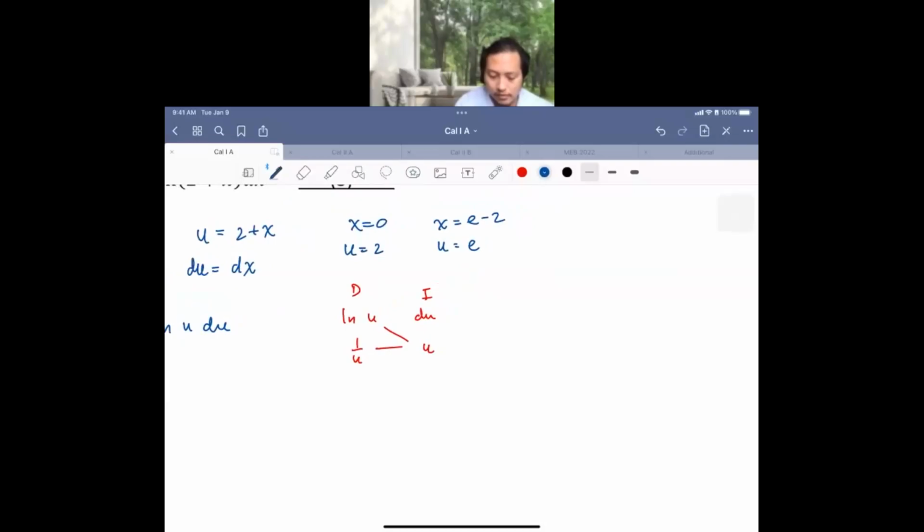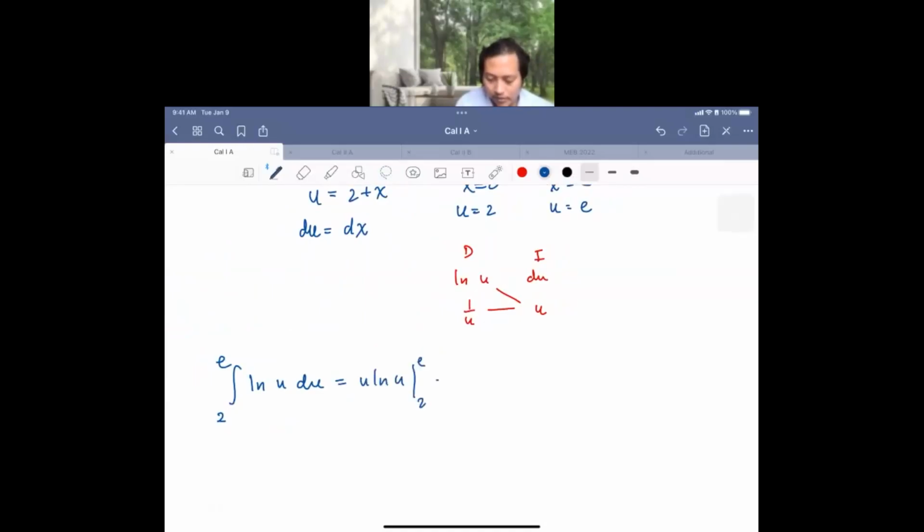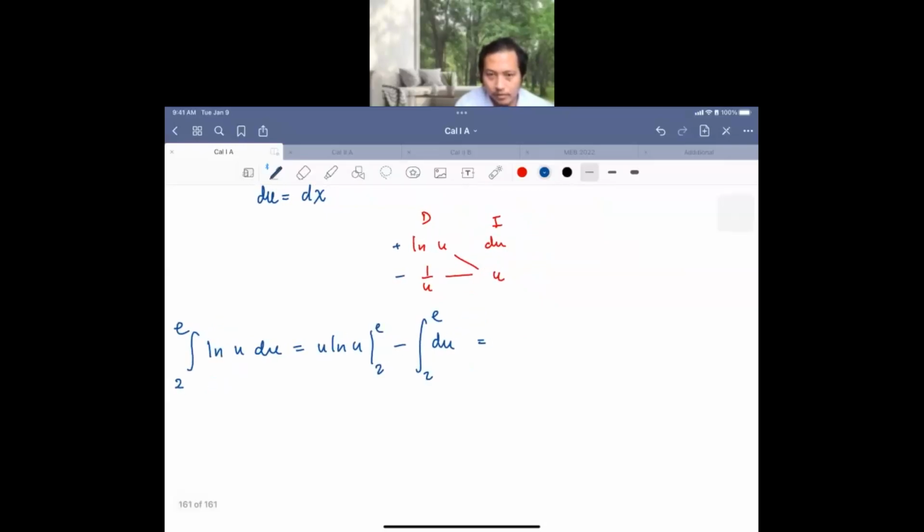So we have these two components. So let me write here. That is, this is u ln u from 2 to e, minus the integral of u times 1 over u du, from 2 to e. So this will be e ln e, which is e, minus 2 ln 2, minus, this becomes u, so e minus 2.